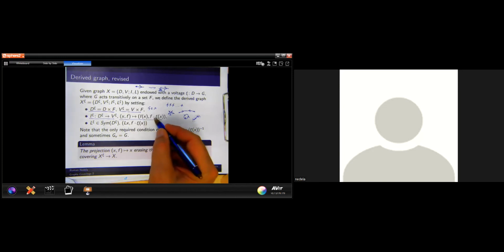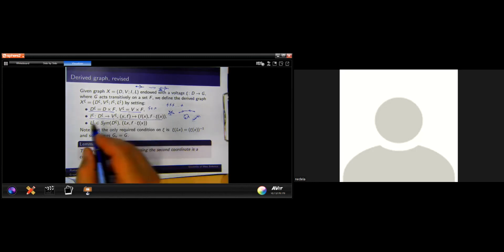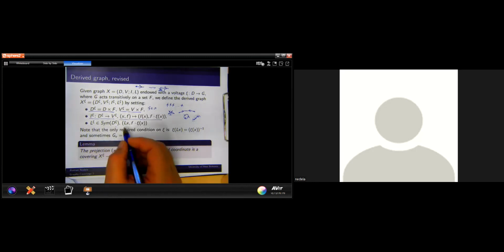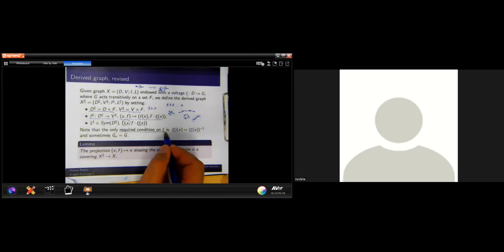Similarly for the dart reversing involution: we invert the base dart, and we let the voltage act on F. And the only required condition on the voltage is this one: the inverse darts get inverse voltages.